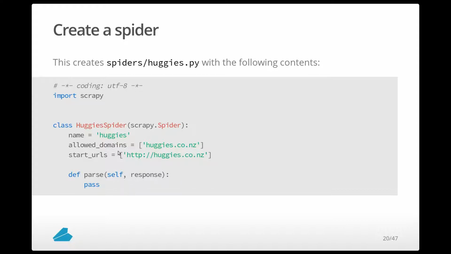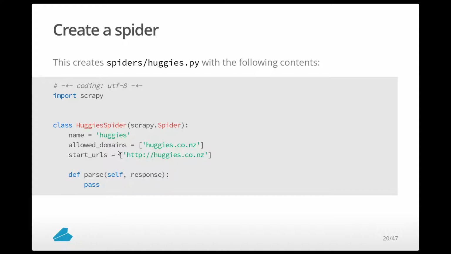The pass method returns one of two things. It either returns a response. No, it either returns a dict. So a Python dictionary containing the data that you want from the website. So that's option 1. Option 2 is that it returns not a dict but a request, which is a request that points to another website, and that request has to have a callback that goes to a pass method.